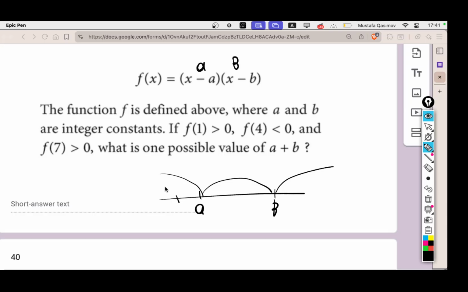Okay, then for this one, x is equal to negative 7 over 4. For that one, x is equal to negative square root of 4k plus 7. Is it clear? Yes, so far, yes.